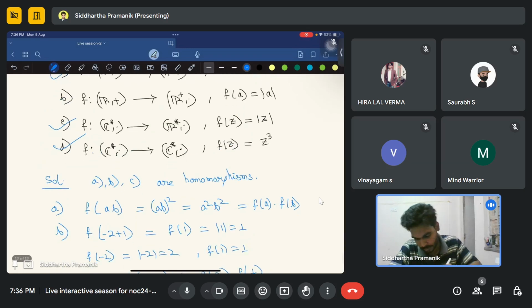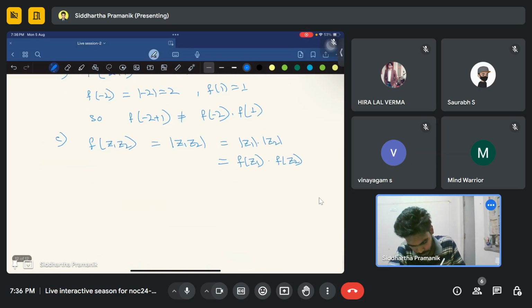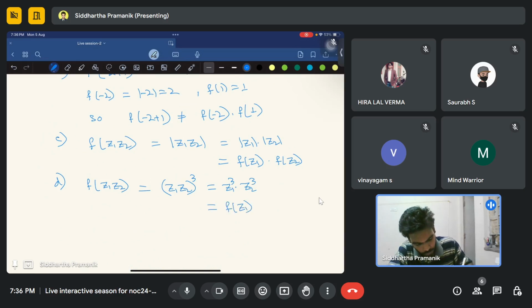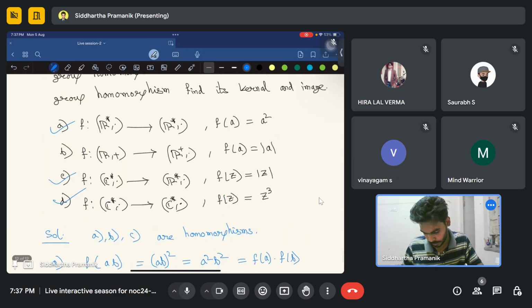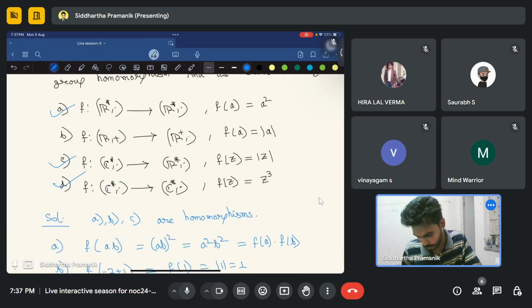And third one is also a similar thing. f of z1 times z2 is z1 z2 power 3, so this is z1 power 3 times z2 power 3, so f of z1 times f of z2. So A, C, D are homomorphisms and B is not a homomorphism.